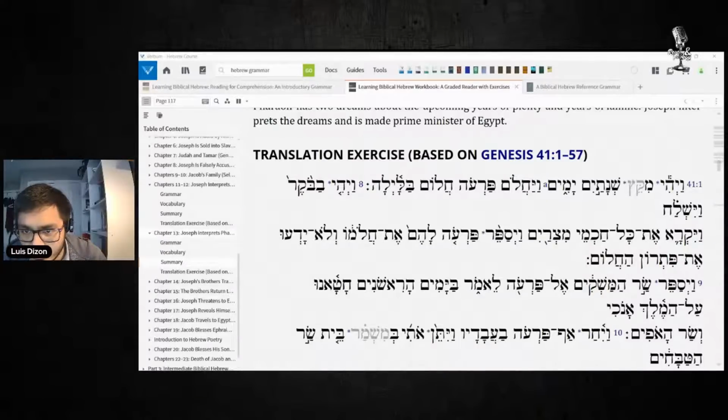You can see that there's a yod here. The fact that there's a yod there indicates that this is third person masculine singular. So one of the fun things about Hebrew is you'll notice that the 3-letter root tends to be repeated for both verbs and nouns. So vayachalom, he dreamt, chalom, dream. So that 3-letter root is used for both.